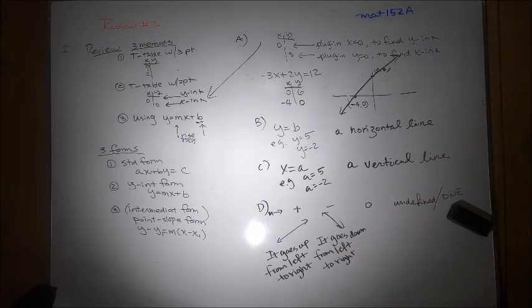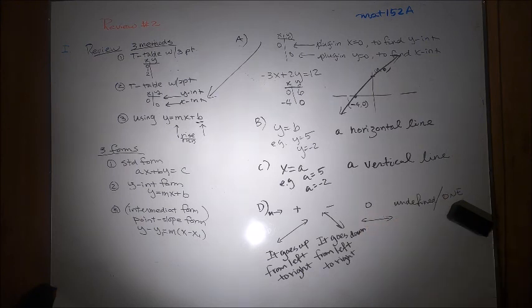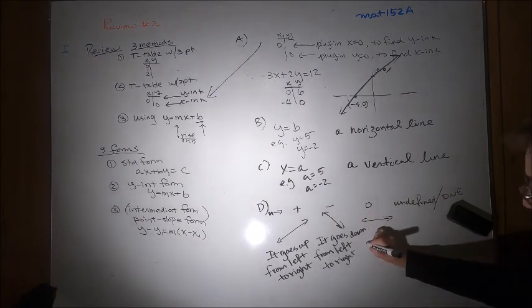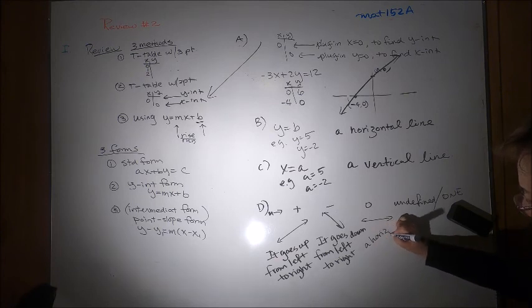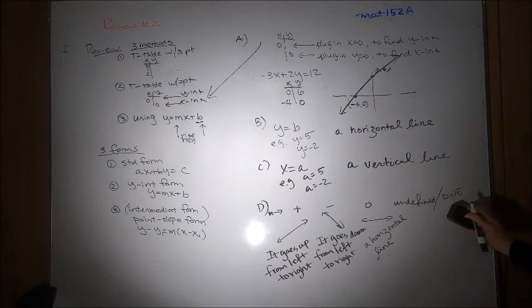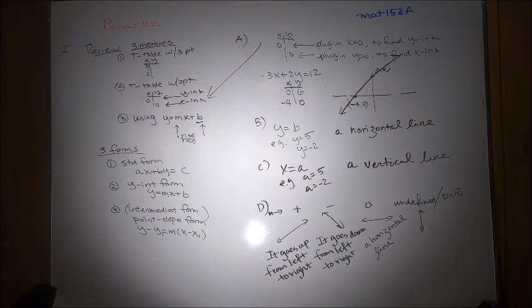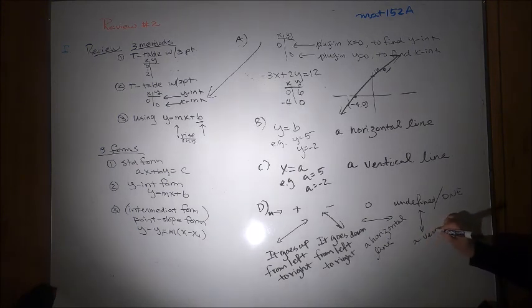Right? If it's 0, that means what? It's a flat line. It means a horizontal line. Right? If undefined, it doesn't exist, that means you don't have a slope. It's free falling, like parachuting. So that would be a vertical line. Is that right?